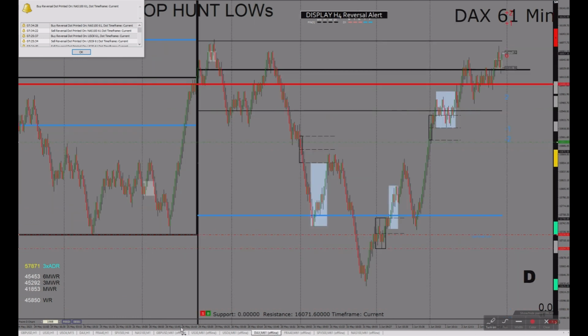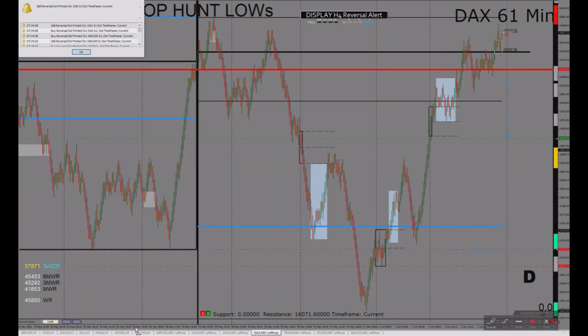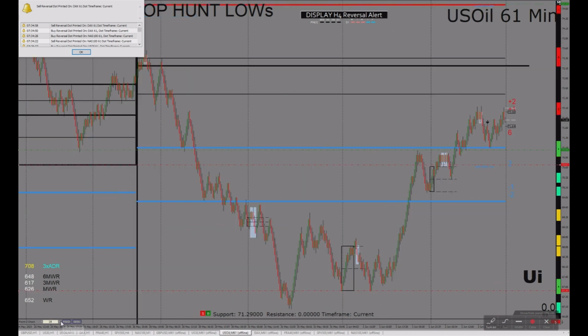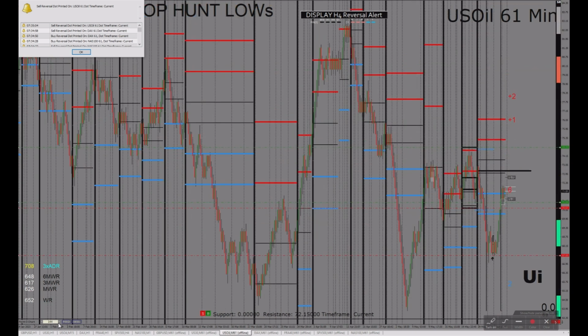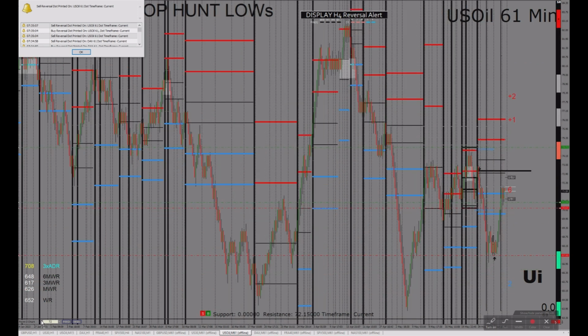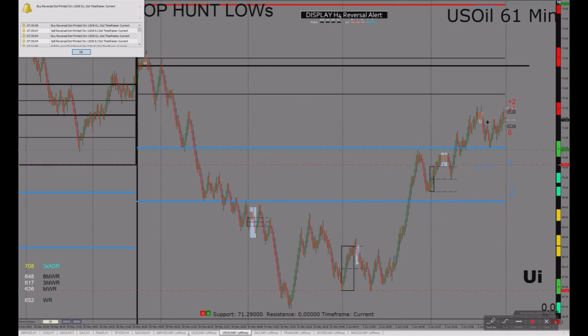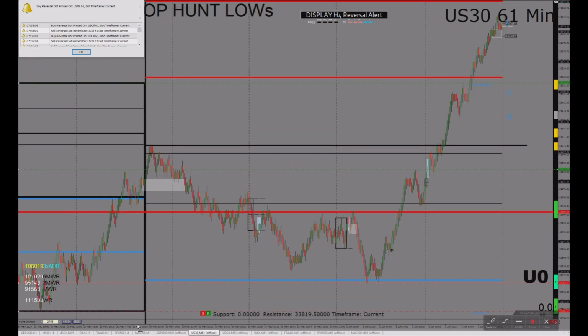The DAX has a positive correlation with those two indices of SPX and NASDAQ. US oil has a negative correlation overall. Not too high of a time frame. Okay.